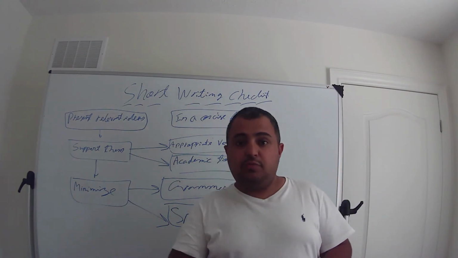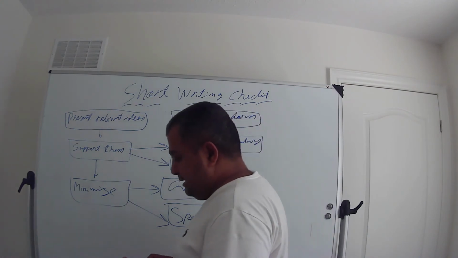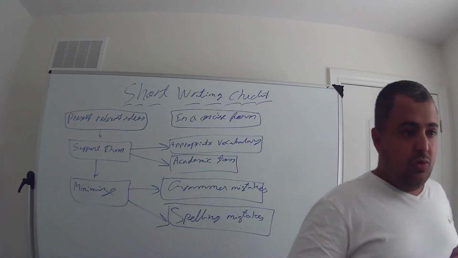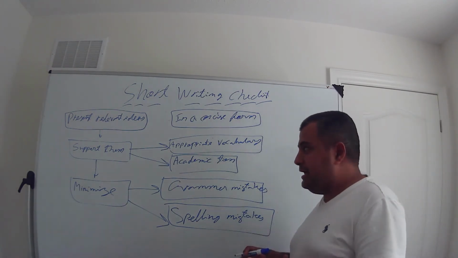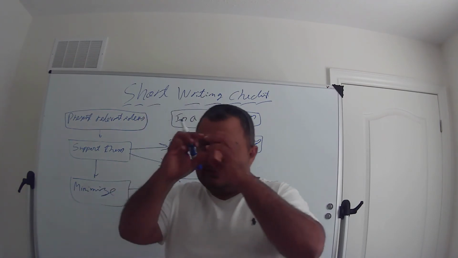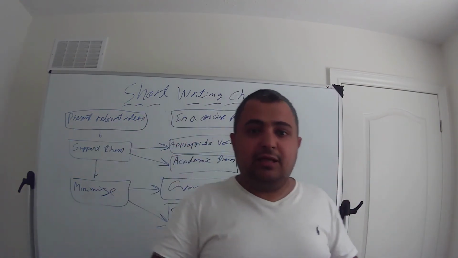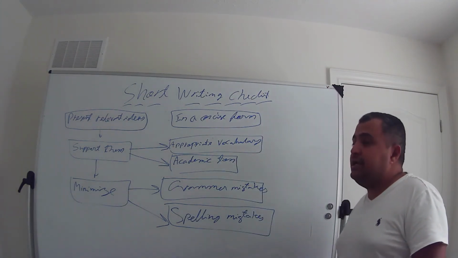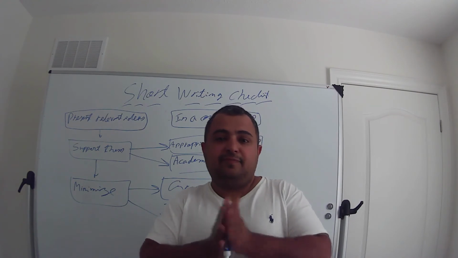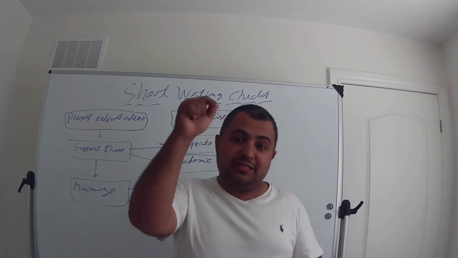The first one would be filling the blank. It is important to blank in the short writing checklist. So what do you guys think? What will be the answer for this one? You can pause your video and write your comments below.